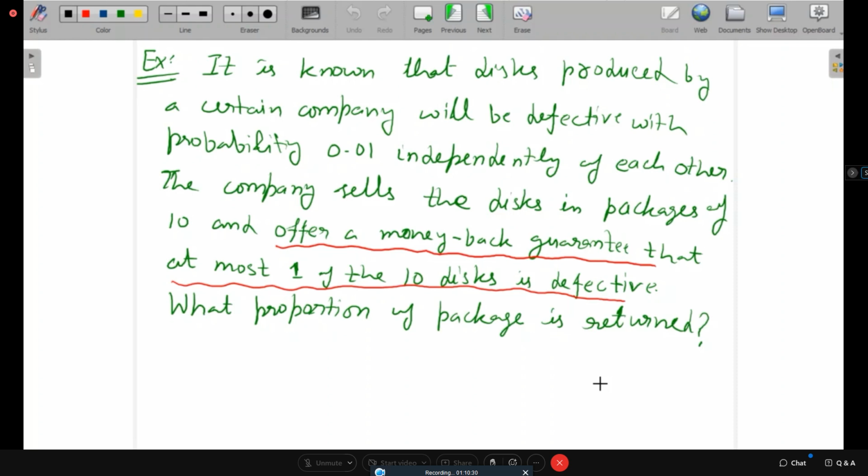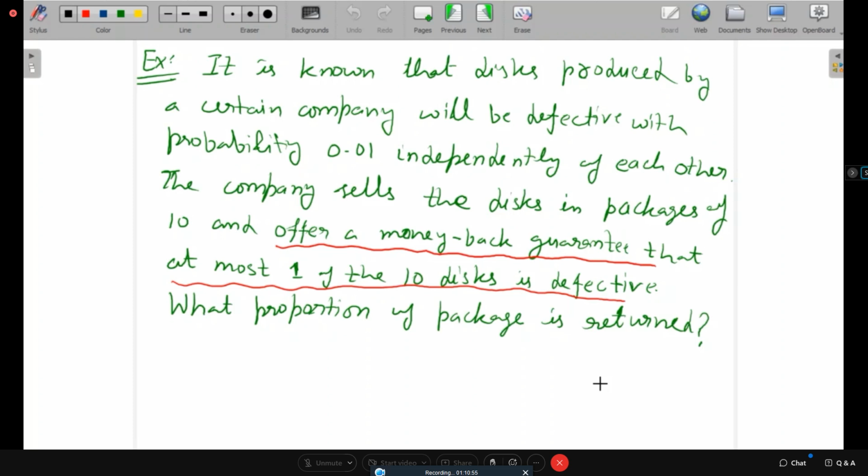Either the disc will be defective or it will work. So you can treat defective probability 0.01 as either success or failure, and 0.99 the other way around. Each disc should be treated independently.